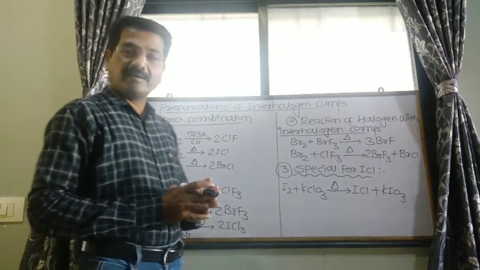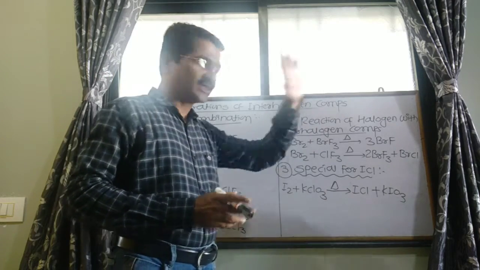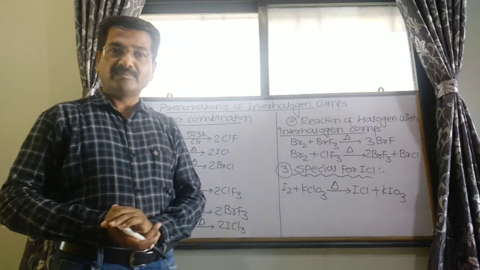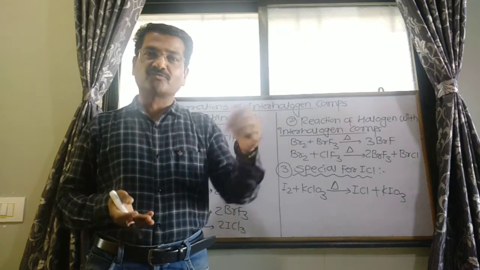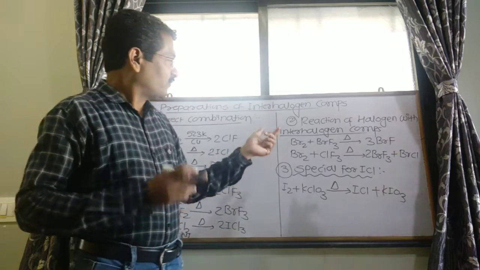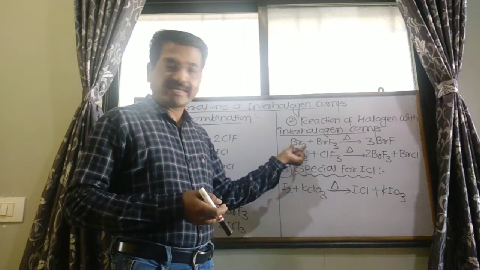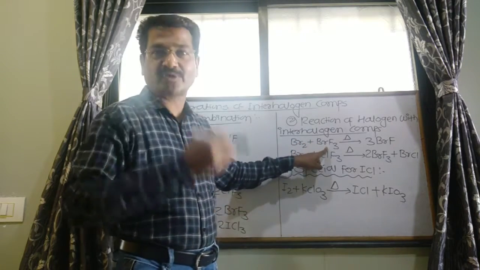The second preparation method of interhalogen compounds is the reaction of halogen with interhalogen compounds. One halogen can react with an interhalogen compound to form another interhalogen compound. For example, Br2 is one type of halogen, which can react with the interhalogen compound bromine trifluoride.